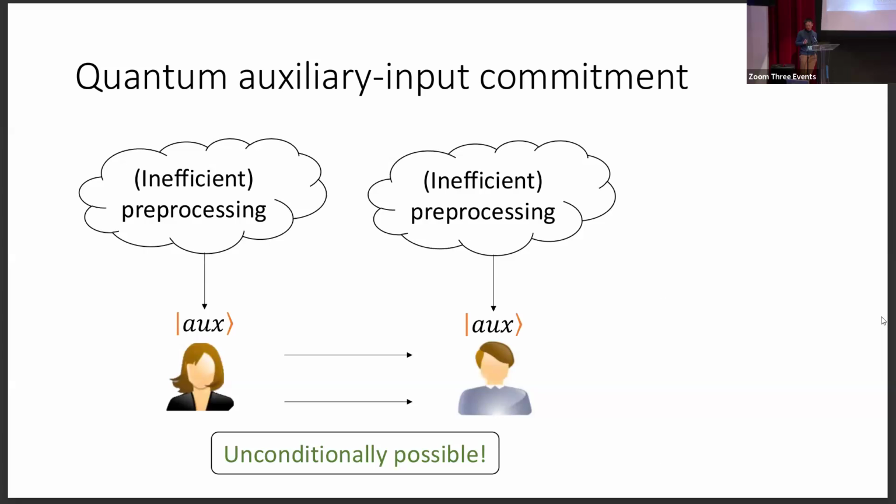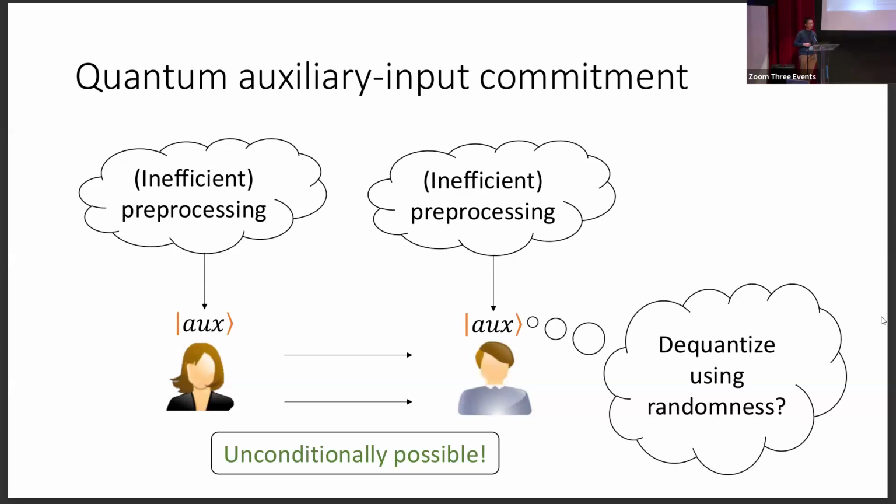Before I wrap up, let me also quickly mention some additional results. One concern you may have is that this quantum auxiliary input is just some uniform superposition on classical states. Is the reason we couldn't achieve this classically that we are using deterministic preprocessing? Can we also gain an advantage using randomized preprocessing?